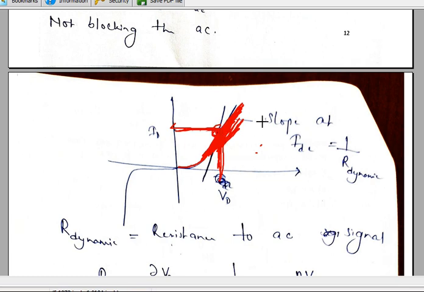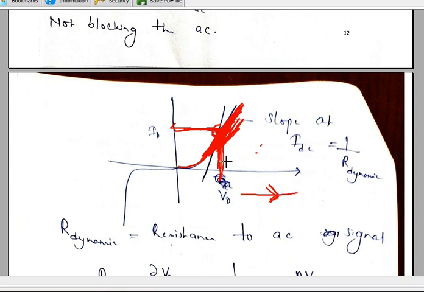So your diode is simply behaving as a resistance for the small signal AC current, but there is one condition: some DC positive current must be flowing, and the AC current is superimposed on the DC current. Only then is this true.